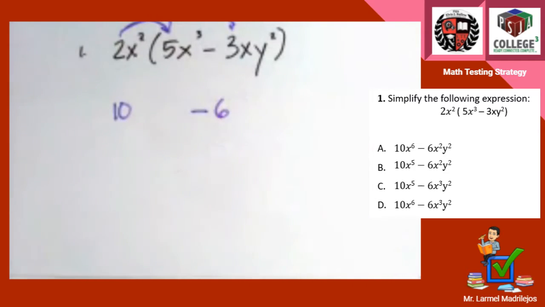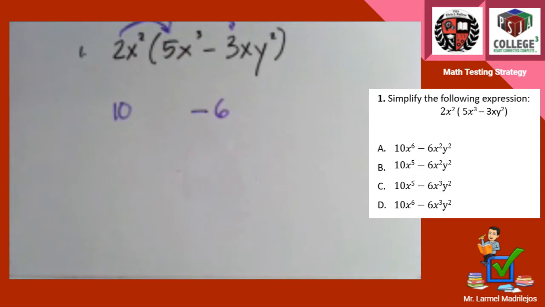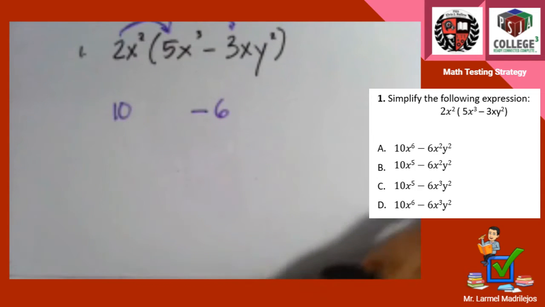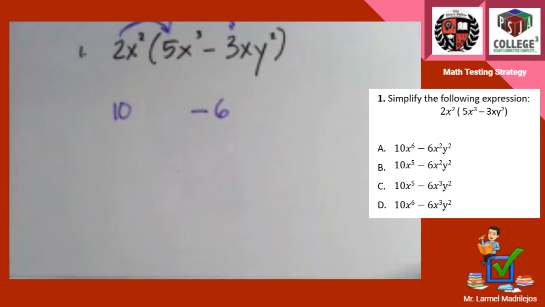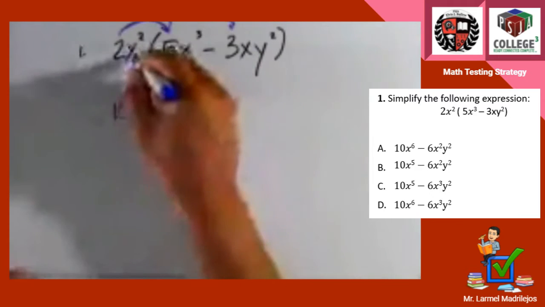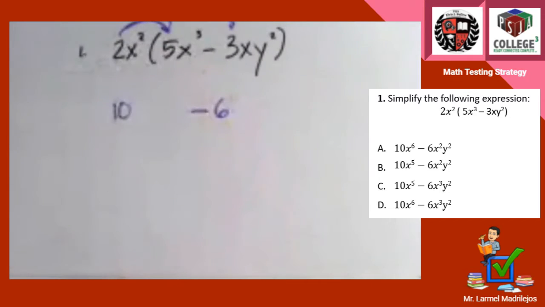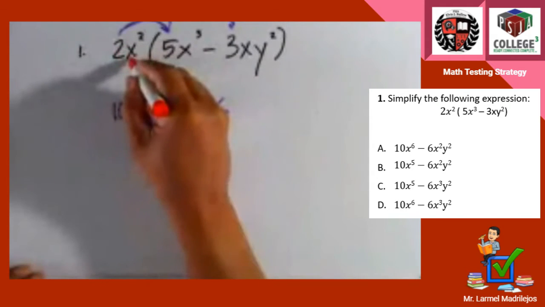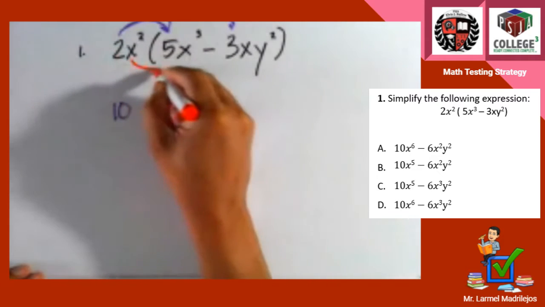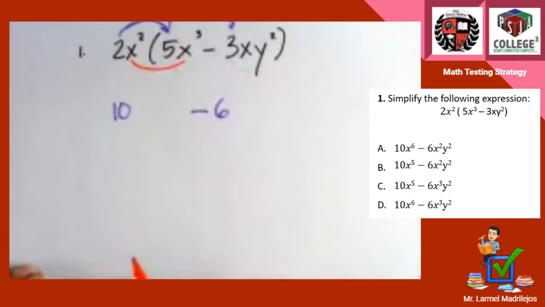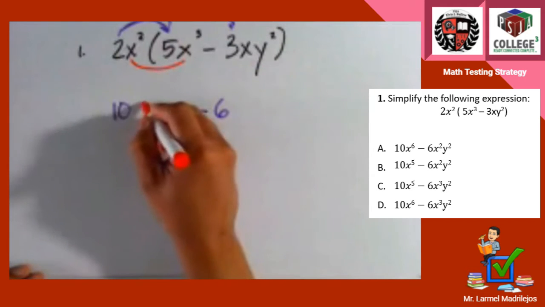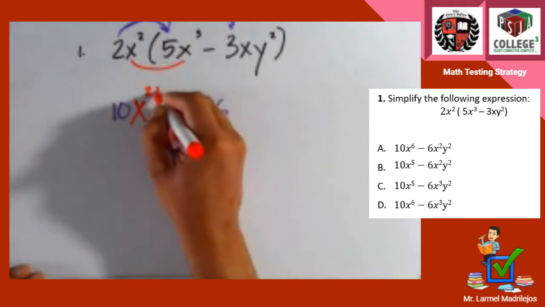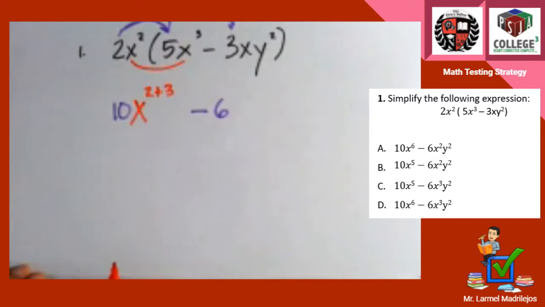I got my coefficient. Now we're going to apply the rules of exponent for this term here. So x squared times x to the cube. We remember we add the exponent, 2 plus 3. Okay.